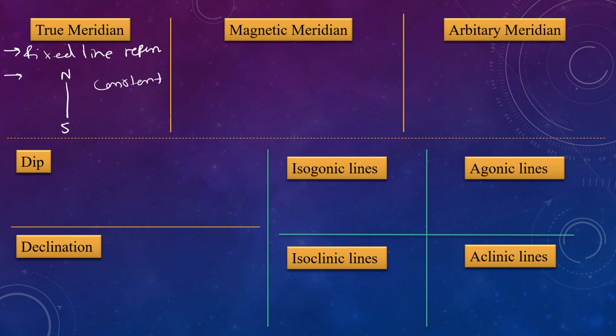Then next, magnetic meridian. Magnetic meridian direction is determined by a freely floating and balanced magnetic needle.